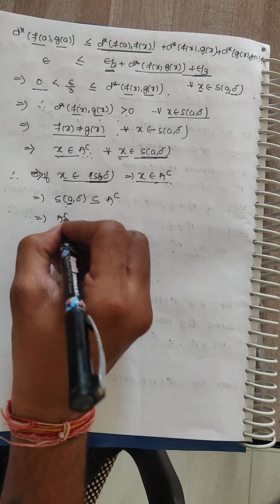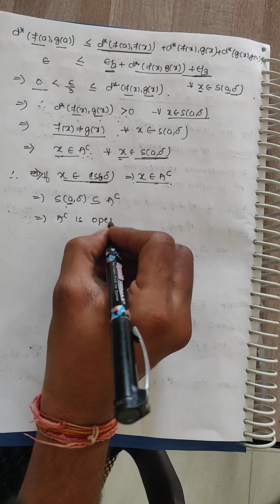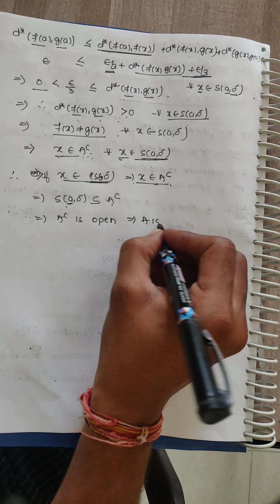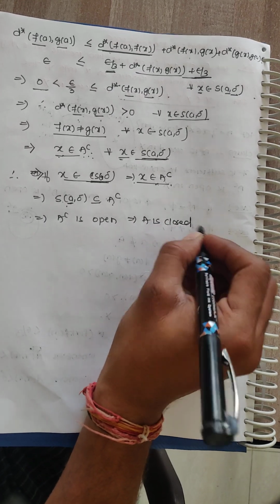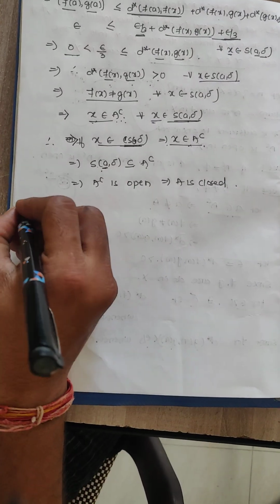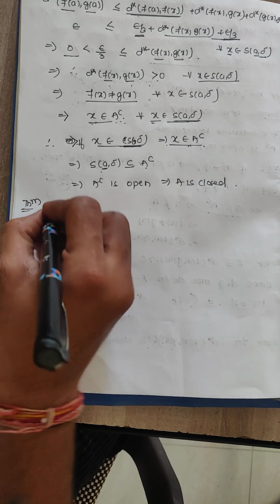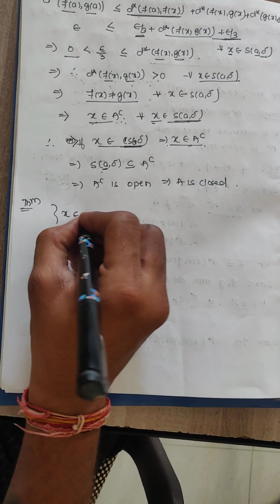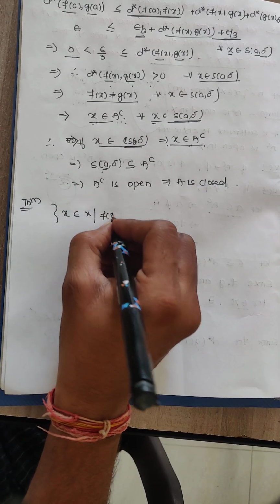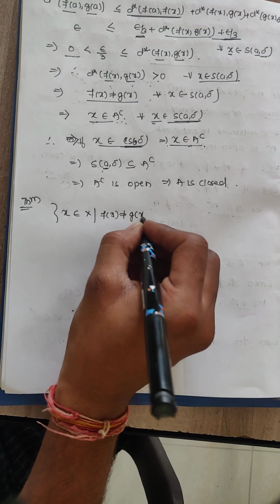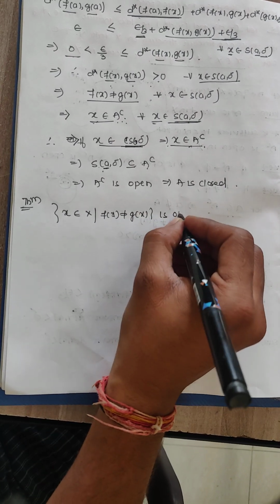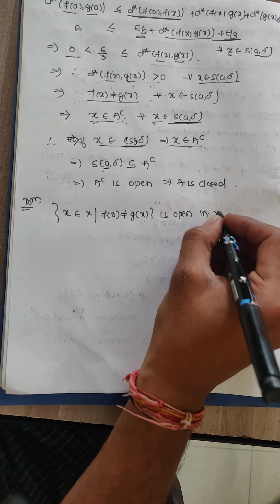This implies A complement is open, which implies A is closed. Similarly, the collection of all x belonging to X such that f(x) is not equal to g(x) is open in X.